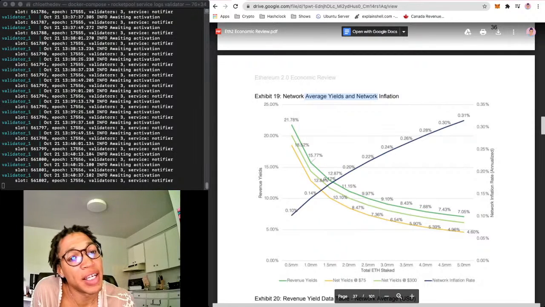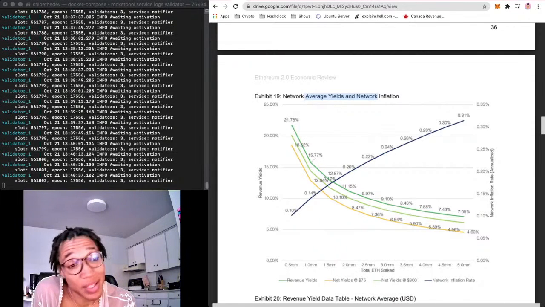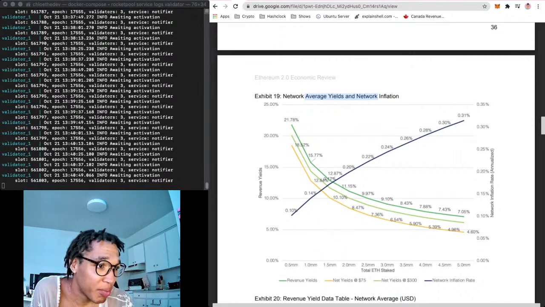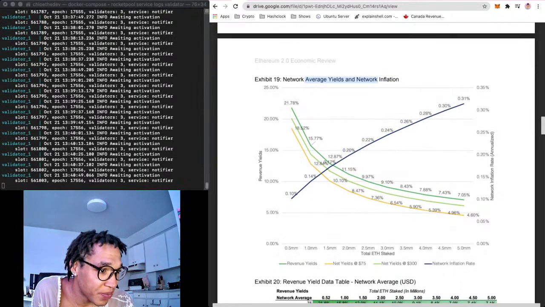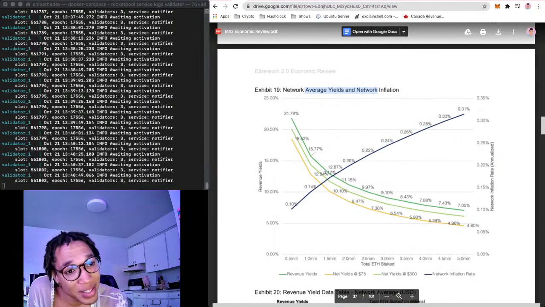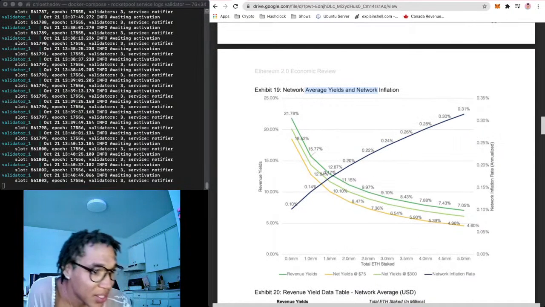This blue line coming across the screen going up is the inflation, right? And you'd see as there was more ETH staked, there'd be more inflation. But this is just showing with 5 million staked, not the extremes.